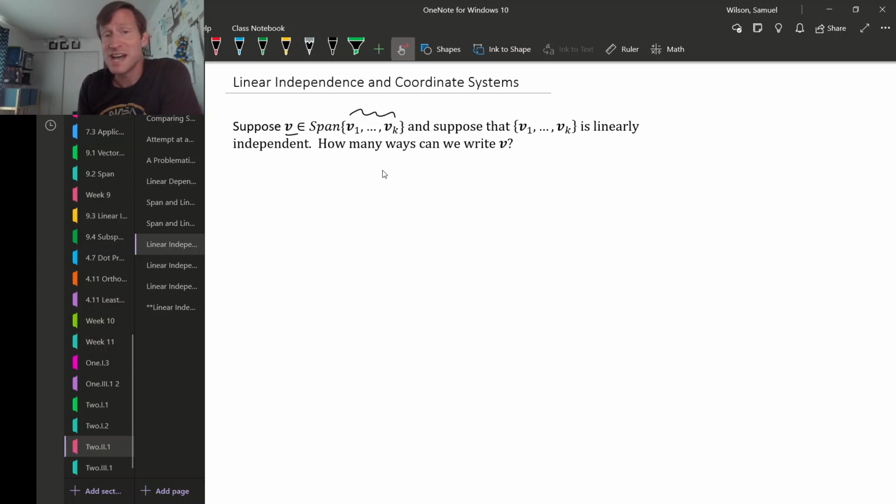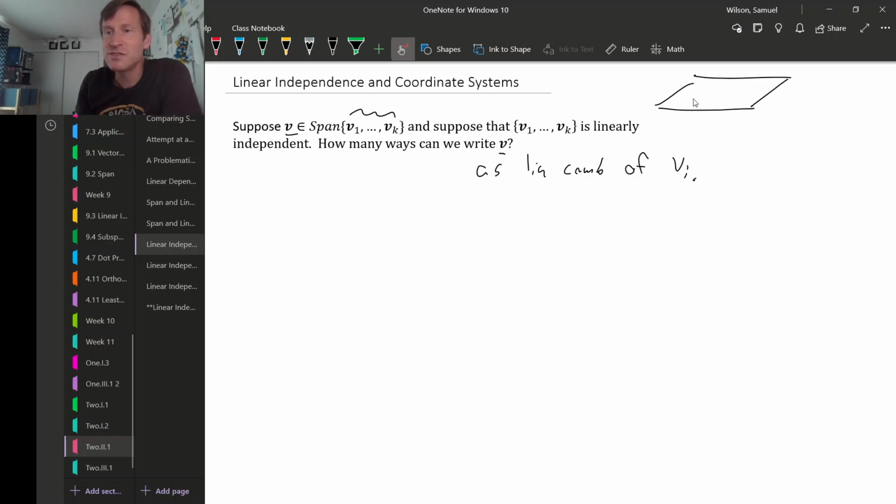So the question I want to ask is, how many ways can we write v as a linear combination of all the vi's? The idea here is, suppose we're in a plane in some vector space Rn.